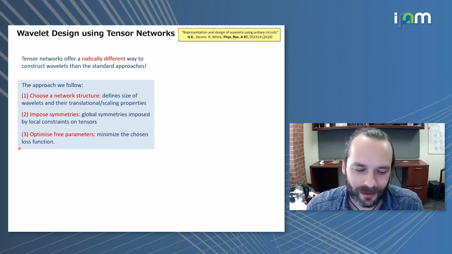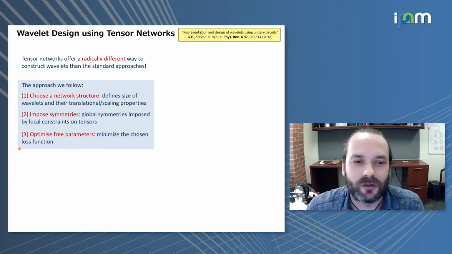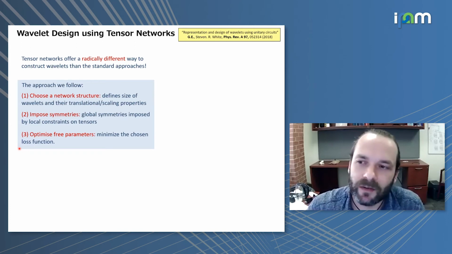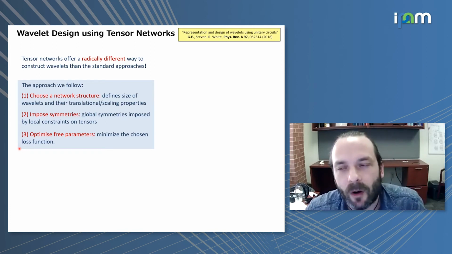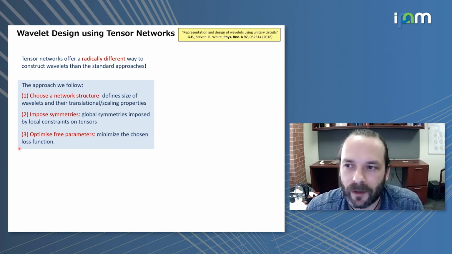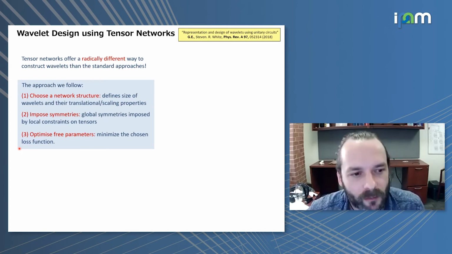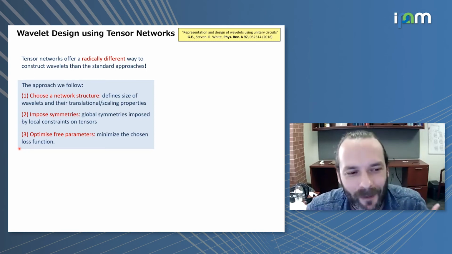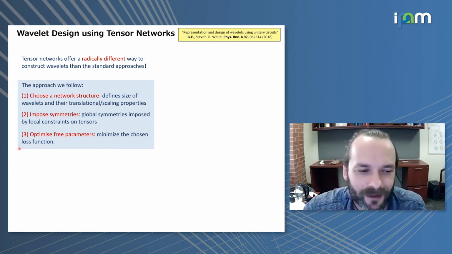Which tensor network geometry do I want to use? Then you think about imposing symmetries on your network. Which symmetries are important? How do I impose these symmetries on my tensors? And then you have some optimization of the free parameters according to whatever system you're trying to model. Okay, so we're going to take exactly the same approach, but using it to build better wavelets.